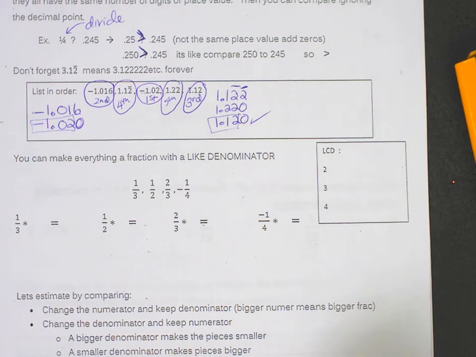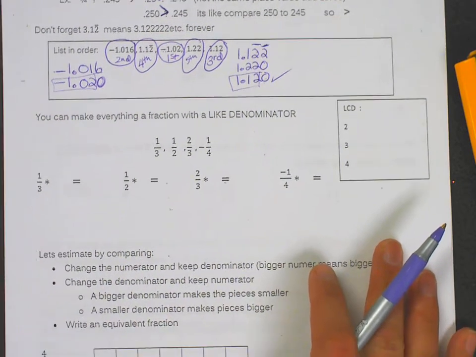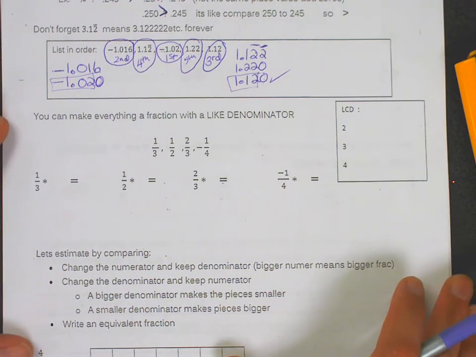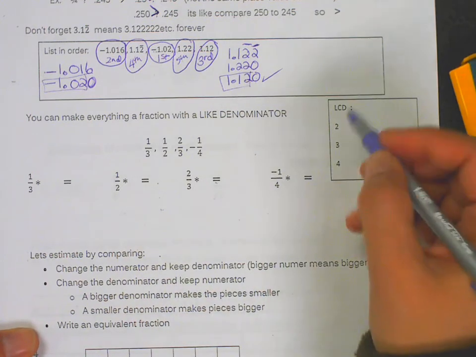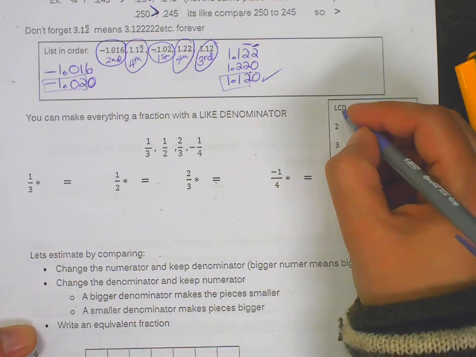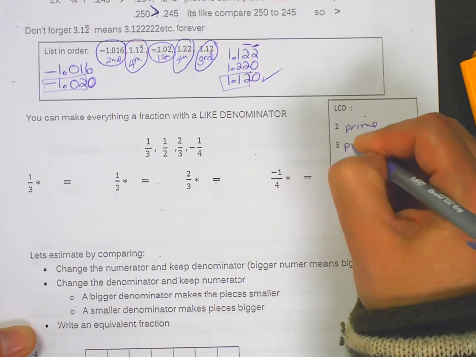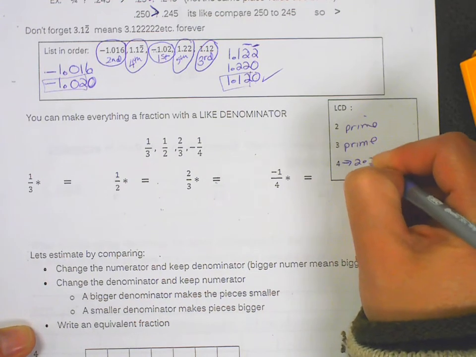Okay? If I was going to compare fractions and keep them as fractions, then you have to have like denominators. So going back to last chapter, if we're going to do the lowest common denominator, let's write the factors. 2 is prime, so it's just a 2. 3 is prime. 4 is 2 times 2.